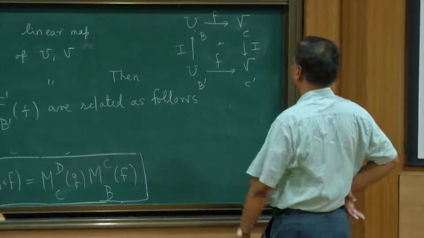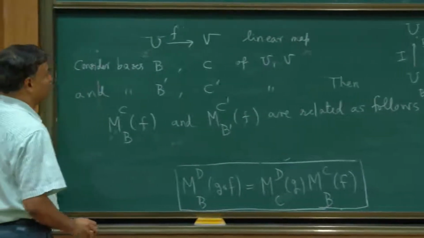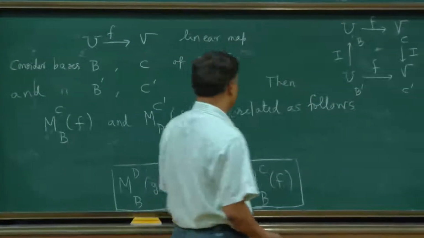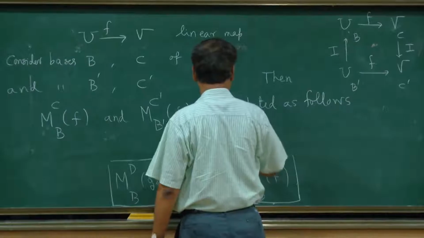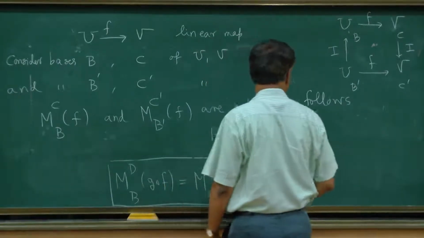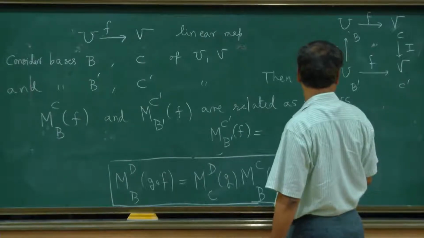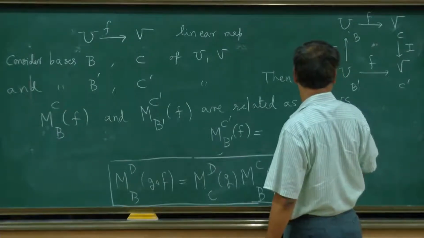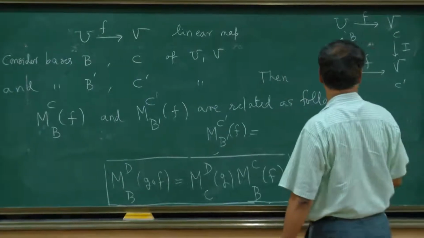So, what will this relation tell me? If I want to look at the matrix of F with respect to B prime and C prime, what is it? Okay, so now you can help me.